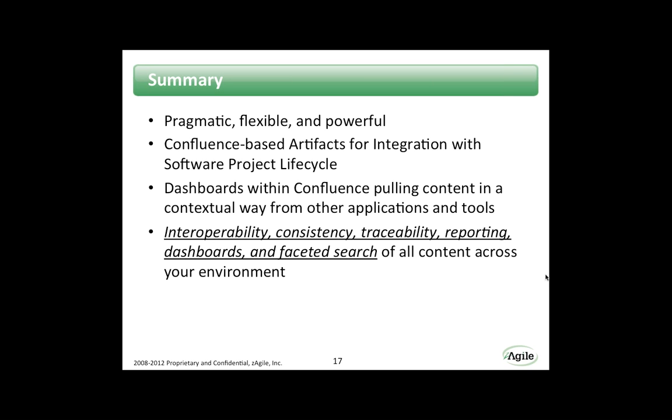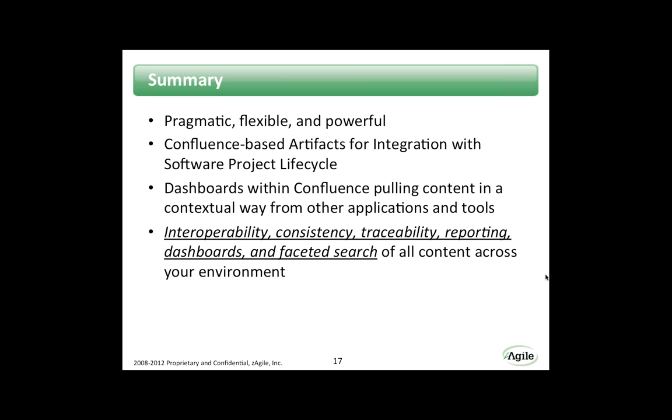It's important to point out, when you look at the content that Sanjeev was showing within the wiki, much of that was generated automatically, just pulling content from within Confluence and from JIRA, and creating, for example, the list of projects and the status of projects.